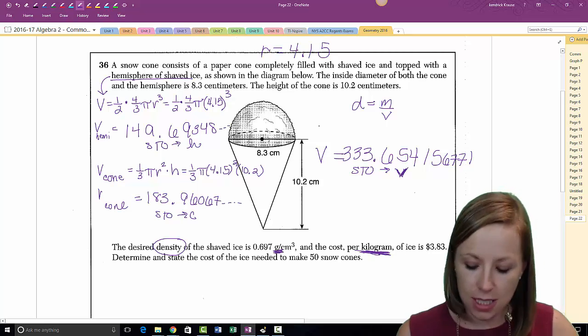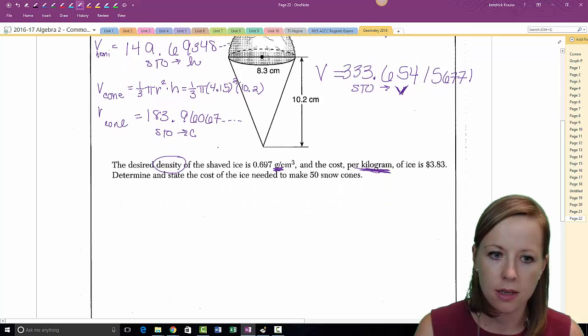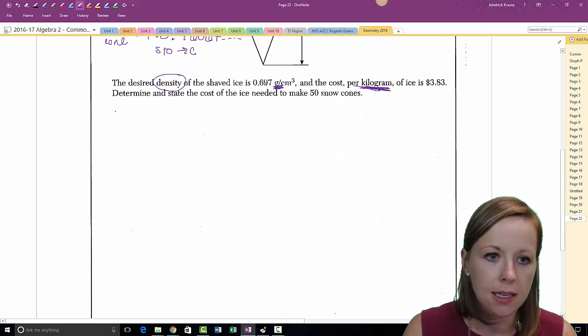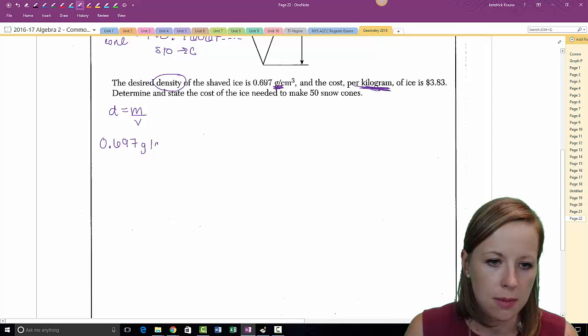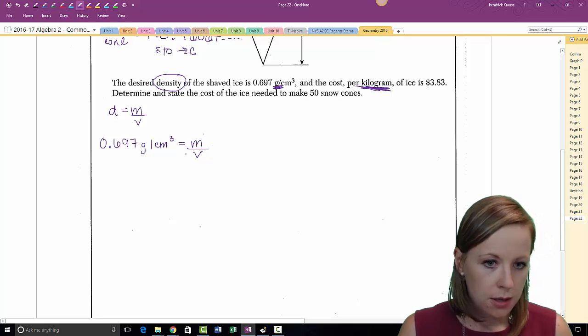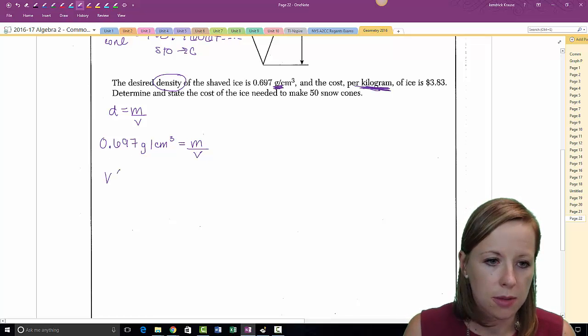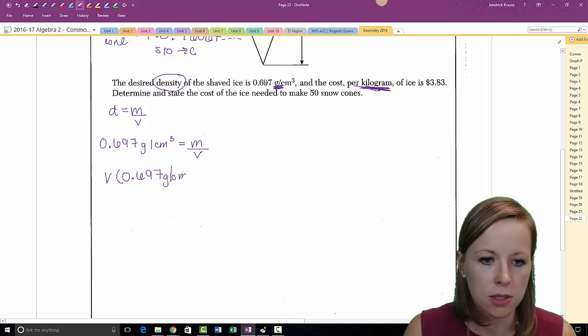Excellent news. Okay, so the desired density. We know that density is mass over volume, so let's go down here. The desired density is 0.697. D equals M over V. Desired density is 0.697 grams per centimeter cubed equals mass over volume. Well, I have this volume number, right? That's that 333. So I'm going to do volume times 0.697 grams per centimeter cubed.